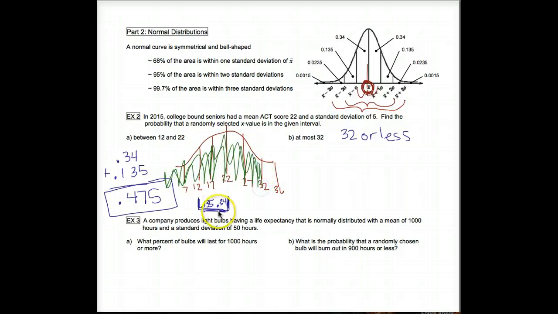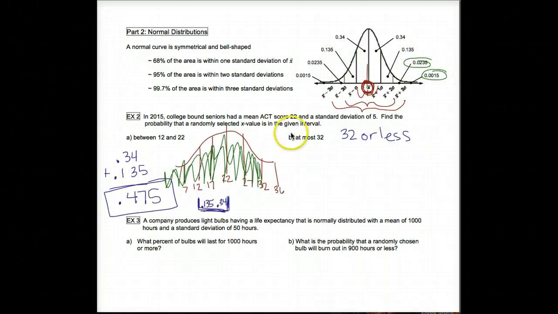Now, we could get that answer by adding up all the individual pieces. However, it would be best to add only what falls beyond the 32. So 1 standard deviation was here, 32 was 2 standard deviations. So the only things that are above 32 are these right here. So it's all but this part.